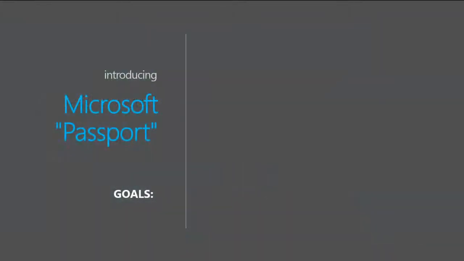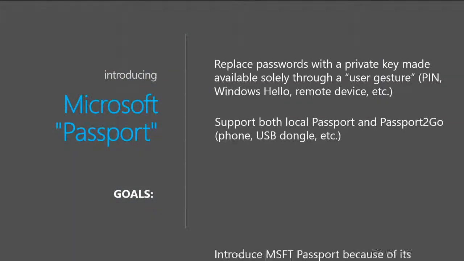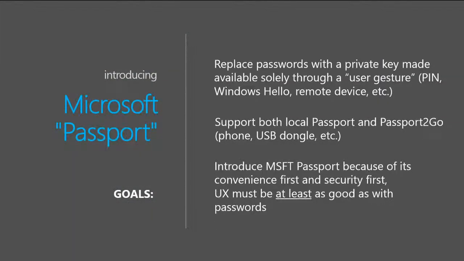So we introduced Microsoft Passport because we don't want to augment passwords. We want to replace them with something that's much stronger. The idea is that we will replace them with a public-private key pair that we generate on TPMs. We will not be able to take those keys from TPMs, but we will give access to those keys using user gestures.